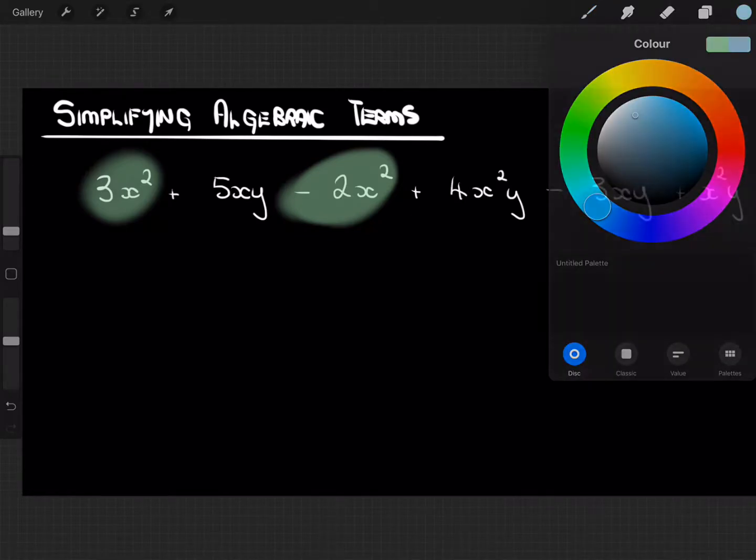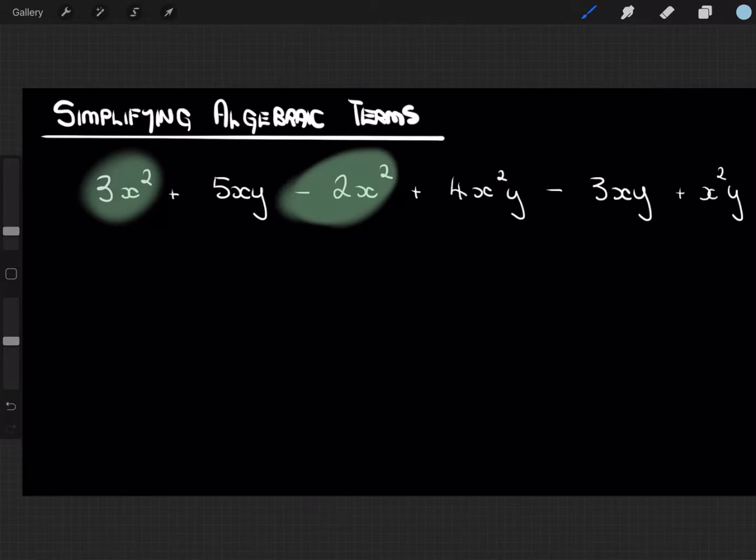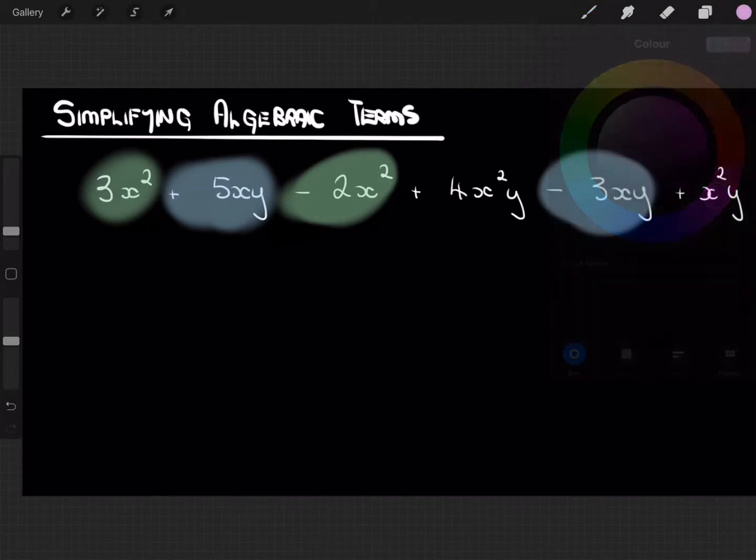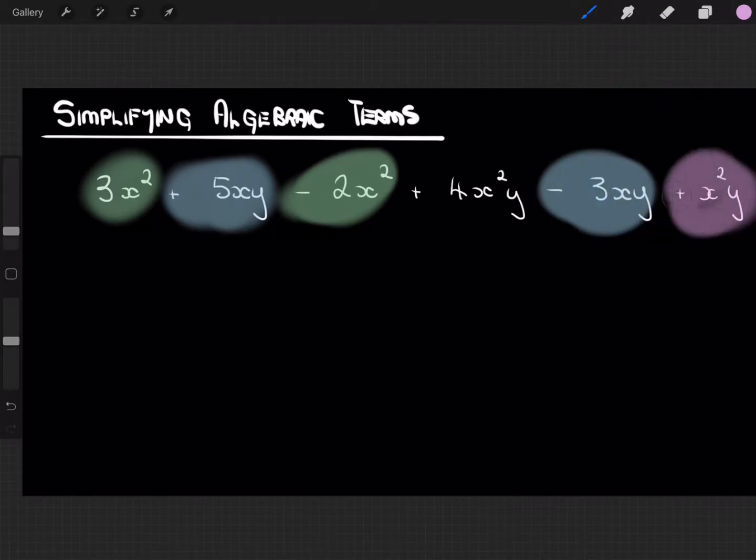One really good thing you could do, before you simplify, is to identify and somehow color code or separate them so the different like terms are easily seen. So here's one xy term. There's another xy like term. So that's a set of like terms. And we'll perhaps go with this color. So x squared y, there's a term. There's another x squared y term there. Okay, so they're our like terms.